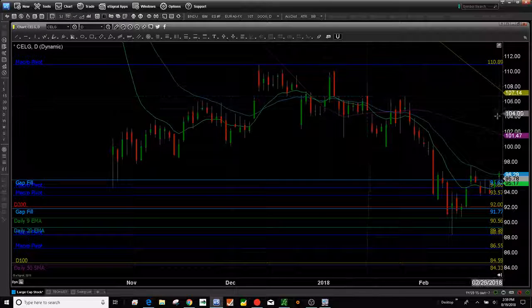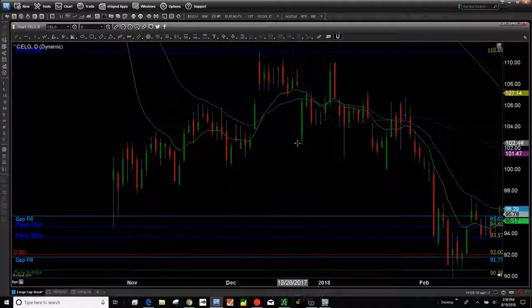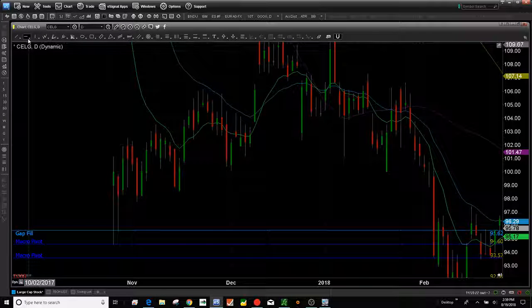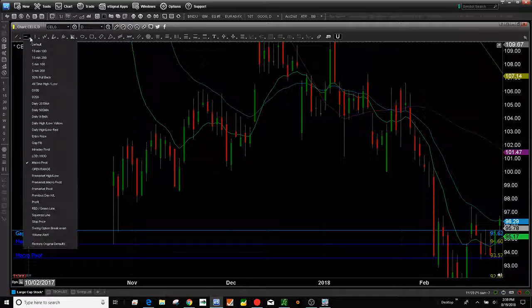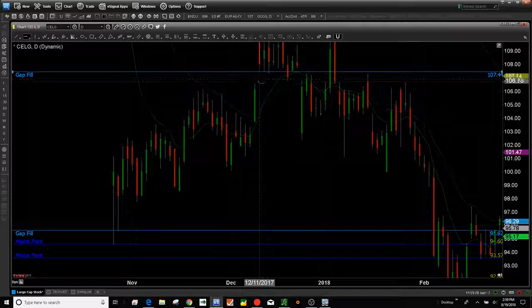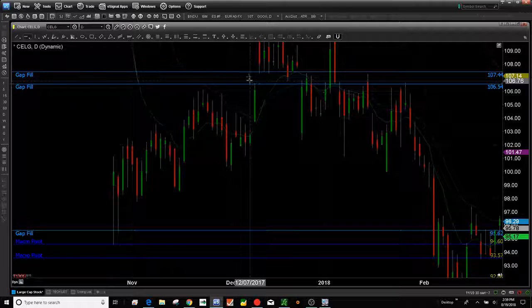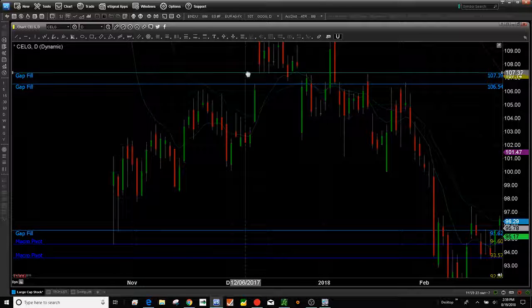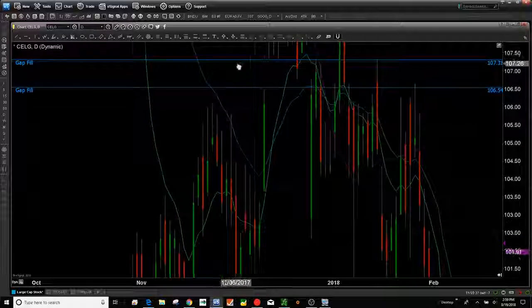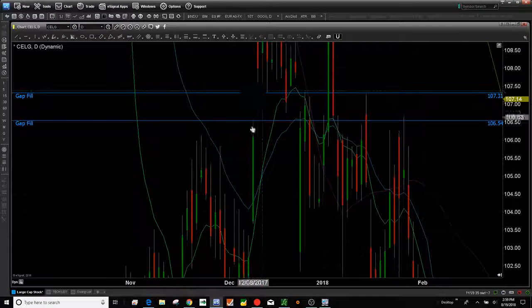And you could even say that right here is a gap fill, right here and here. So right here is a gap fill.